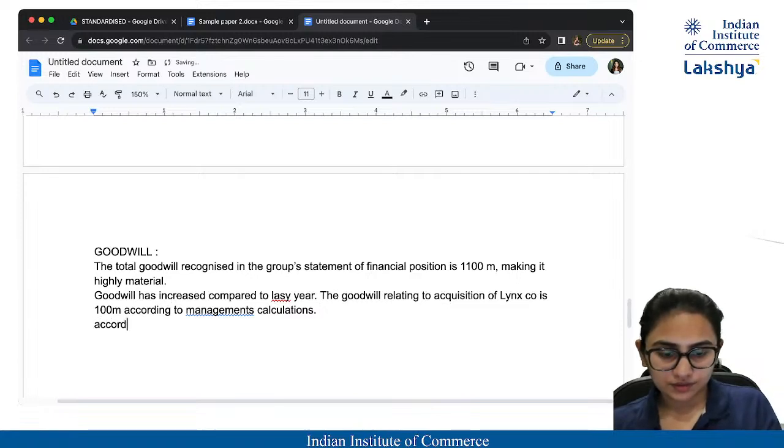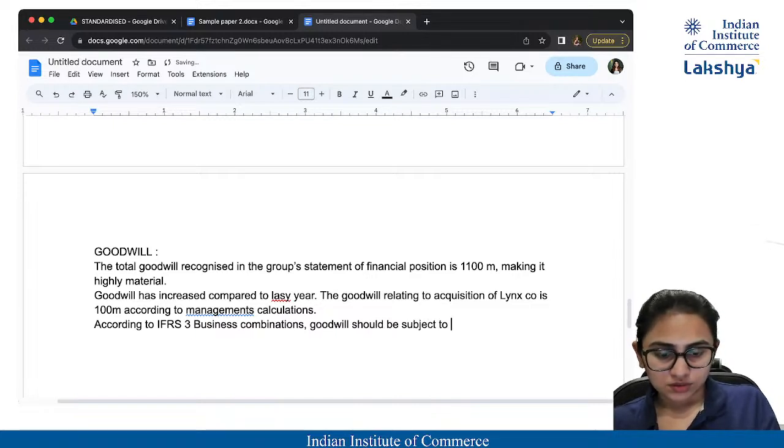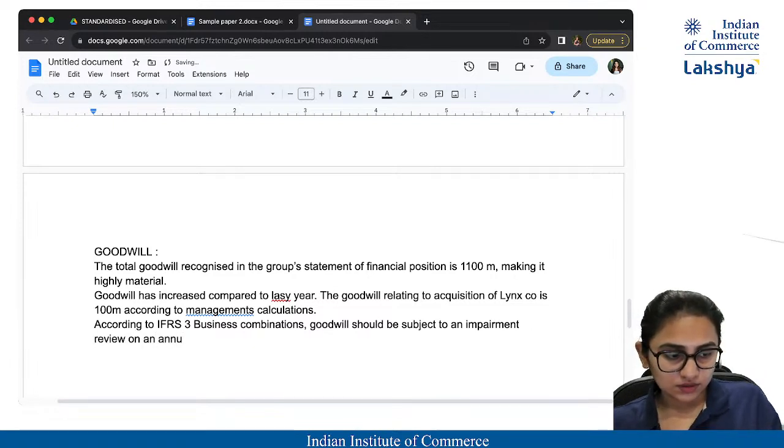Then according to IFRS 3 business combinations, goodwill should be subject to an impairment review on an annual basis.